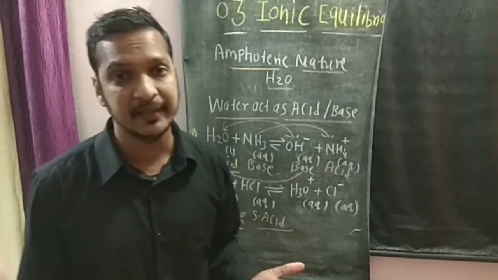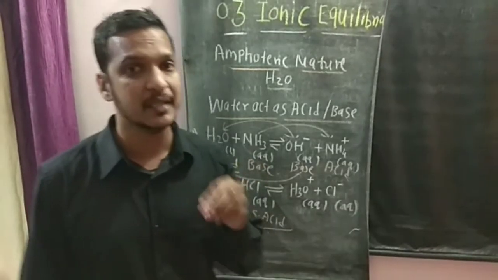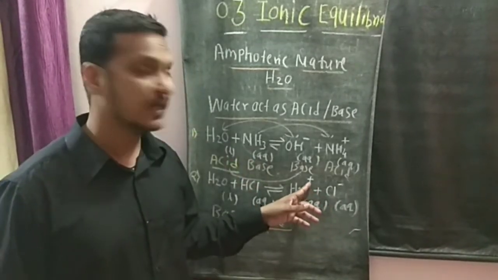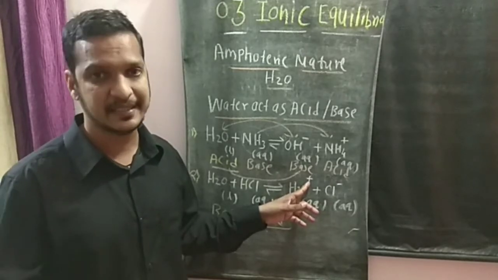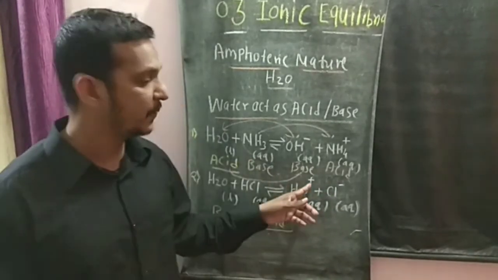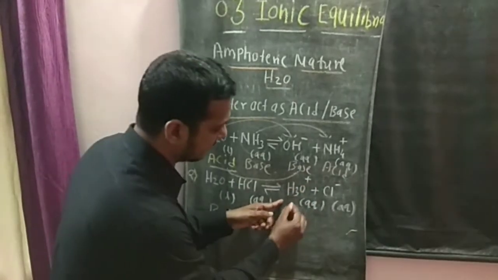I have already told you that positively charged species are called acid, and negatively charged species are called base. So because it carries a plus charge, H3O plus is an acid.